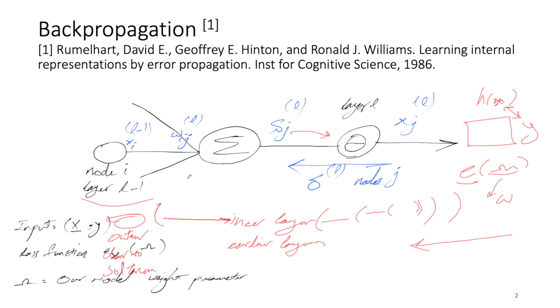If you want to formalize this, you have an input, a vector x, and y is the output, and we have a loss function E_x of omega, where omega is our model's weight parameters.